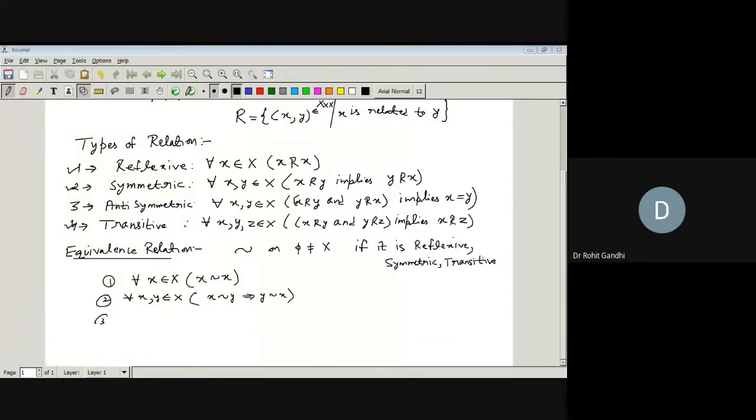And third, for every x, y, z belonging to X, if x is related with y and y is related with z, implies x is related with z. If any relation satisfies these conditions, then we say that our relation is an equivalence relation.